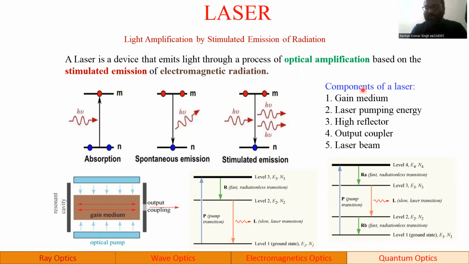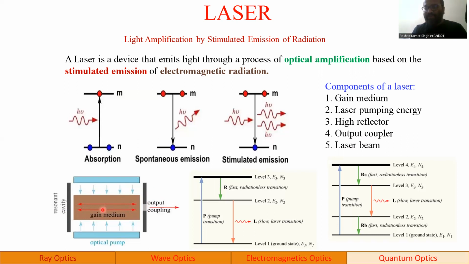There are some components which are essential to the laser. First is the gain medium, second is the laser pumping energy, third is the high reflector, fourth is the output coupler, and fifth is the laser beam. We see all the components in this figure. On these two sides, there is a high reflective mirror, approximately 100% on one side and 99.99% on the other.